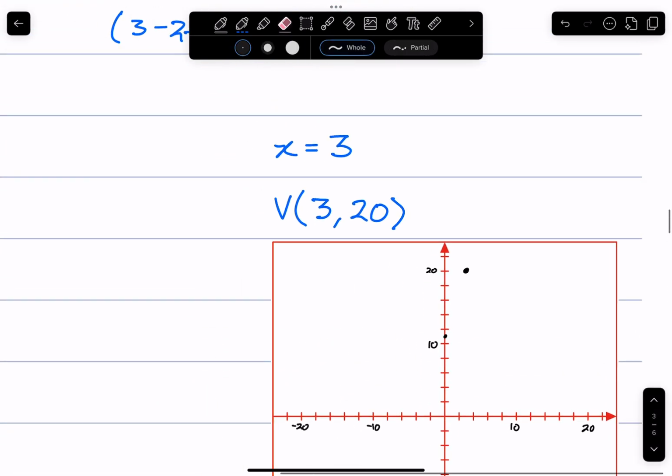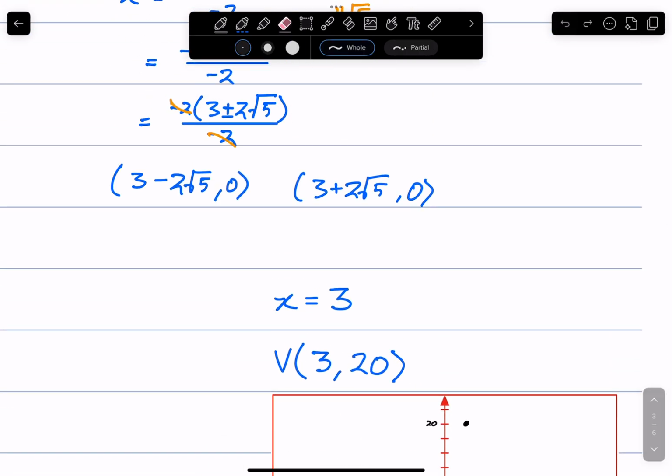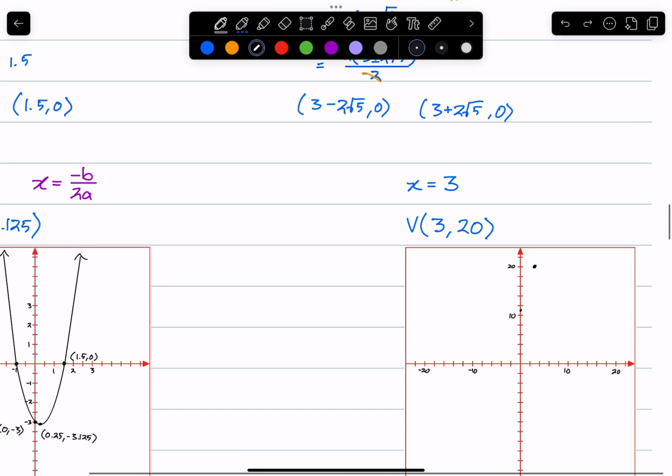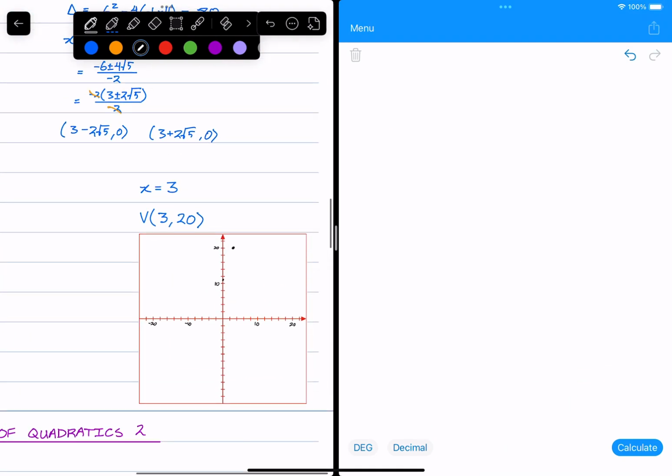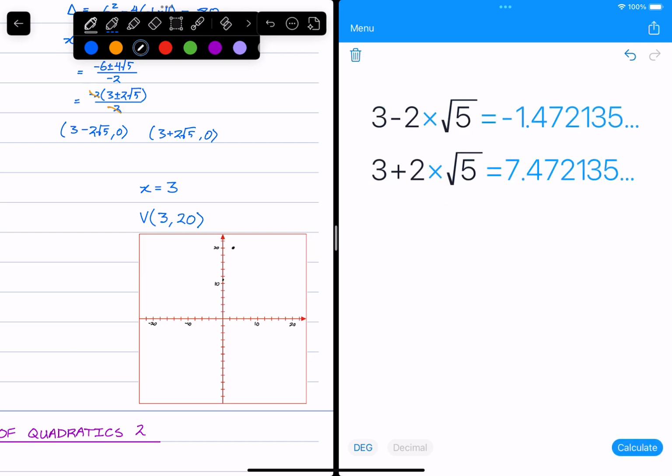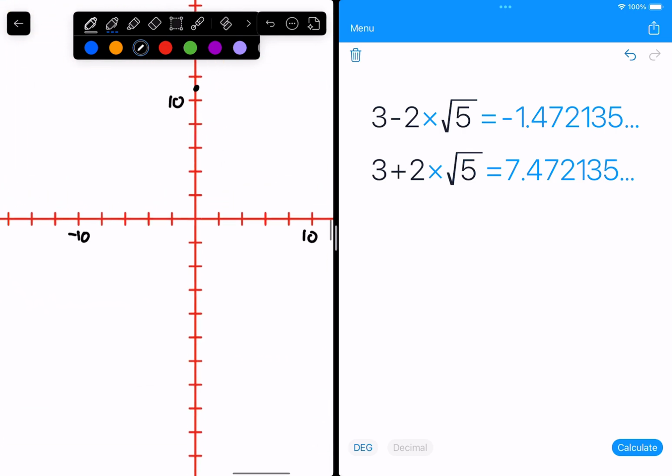But now when it comes to finding these x-intercepts, the only thing that we can do here is an approximation. So taking a look at what these values are, so 3 minus 2 root 5 and 3 plus 2 root 5, we actually get negative 1.47, approximately negative 1.5.